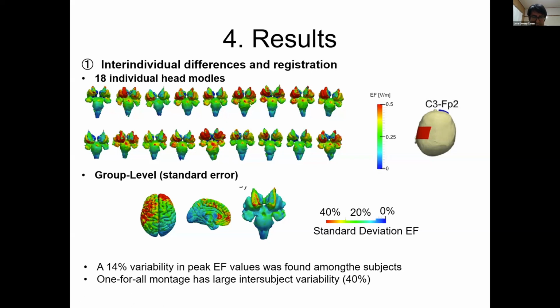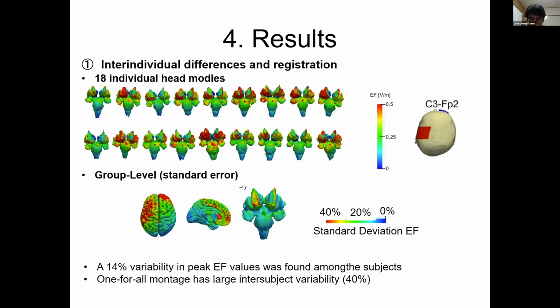Here it can be quantified by using the standard deviation. We find a normalized standard deviation of up to 40% in some parts, and in other parts of the deep brain regions up to 20%. Also, the peak values of the electric field can change by up to 40%, 14%. So we can find that there is a large variability.